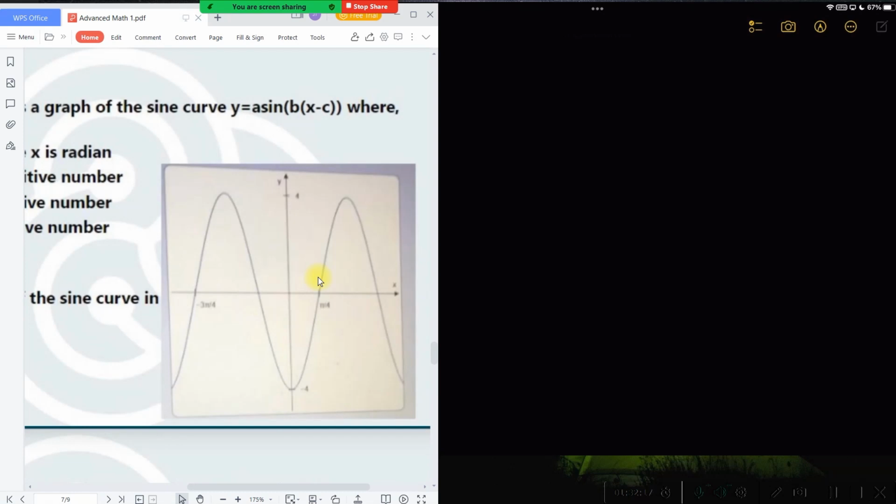Now if x equal to 0, then y equal to minus 4, right? So here if x equal to 0, this whole thing should be minus 4.